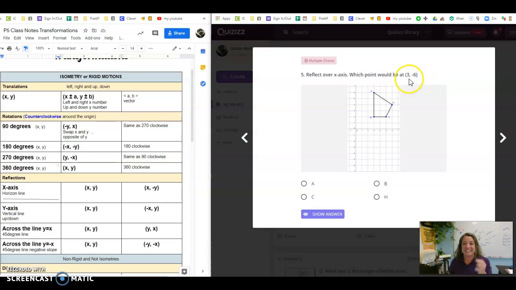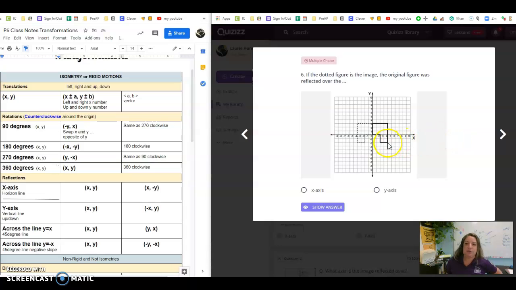Remember, that's the second number. So I'm going to keep the 3 the same, and do the opposite of negative 6, which is positive 6, okay? And which point is that? If this point were at (3, -6), which point is at (3, 6)? Point A. Nice.